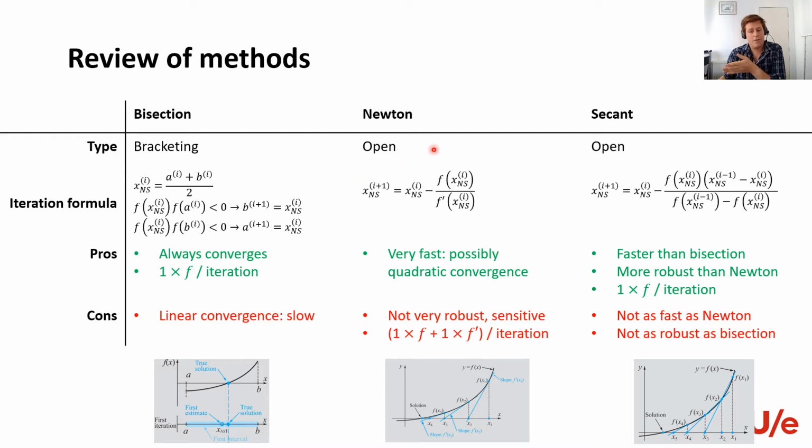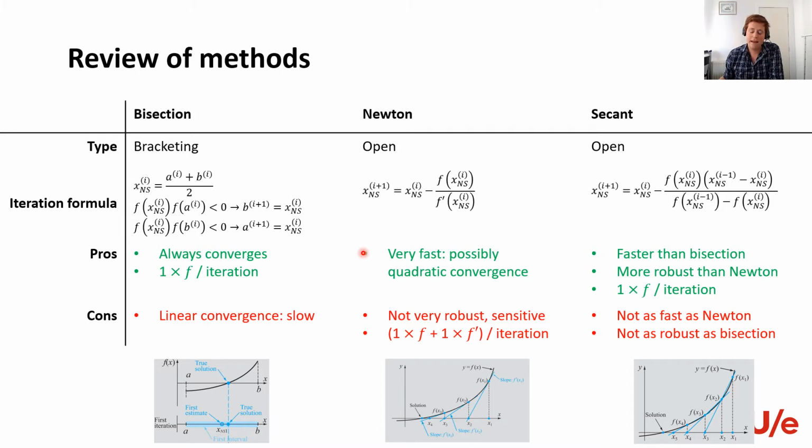On the other side of the spectrum, we had Newton's method, which is an open method. It uses the first derivative as well as the function value at the current solution in order to update the solution for the next iteration. And by doing this, it can be very fast. If certain conditions are met and we're close to the actual solution, then we have quadratic convergence.